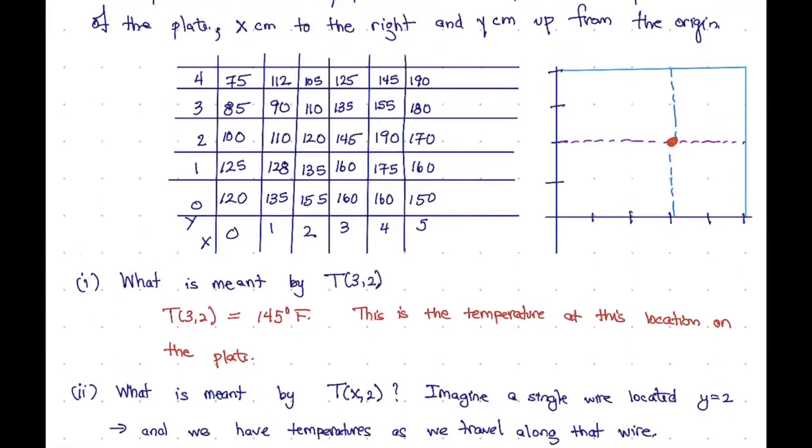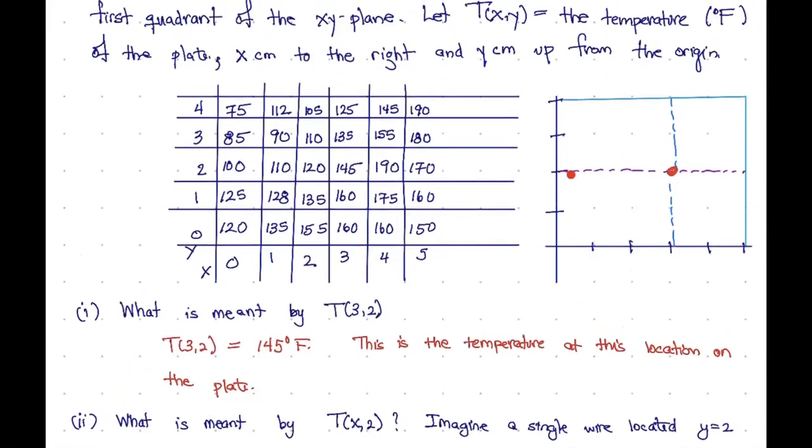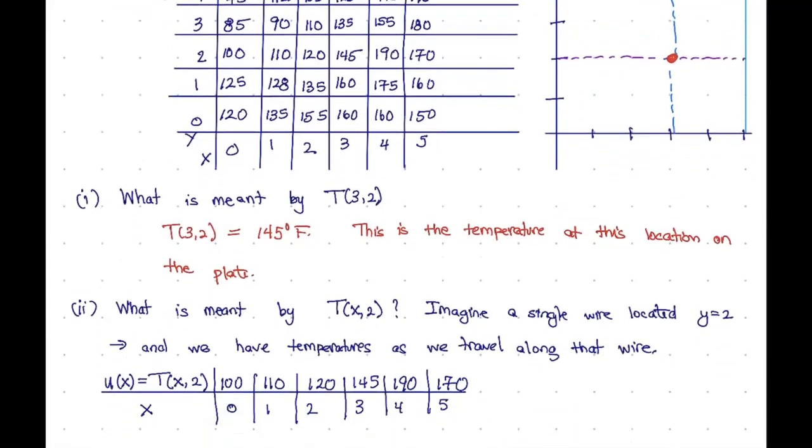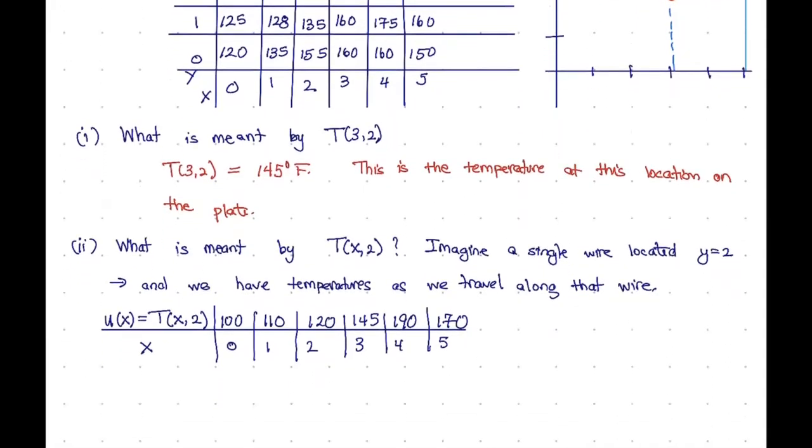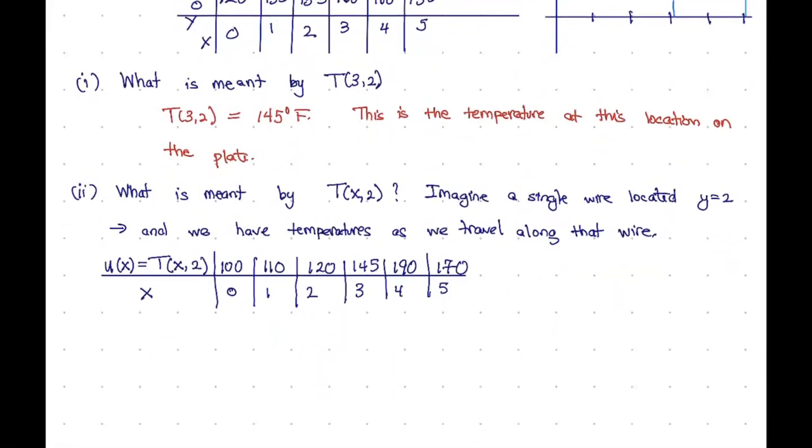The plate is a massive space, so we need to break it up into parts that we can actually manage, and one of those is to make the construct that we have several wires that are one-dimensional. And so we're fixing the value of y and looking at one of those particular wires, and we can then talk about the derivative of that wire in a meaningful way.